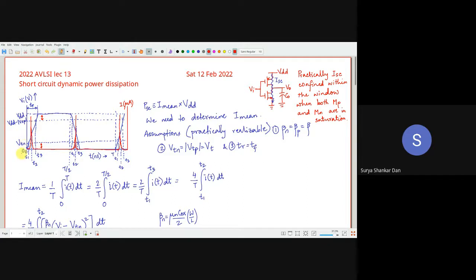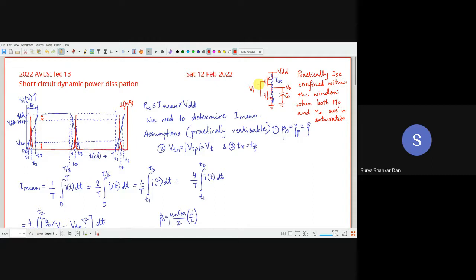Please understand, Vi तो हम 0 to VDD ही करेंगे ना. Vi varies from 0 to VDD. But the short circuit current will exist only when these two transistors are switched on. अगर कोई भी ट्रांजिस्टर स्विच ऑफ हो जाता है तो शॉर्ट सर्किट करंट के आने की कोई संभावना ही नहीं है, राइट? You are going to switch off any one of these transistors, switch off या फिर सब थ्रेशोल्ड.